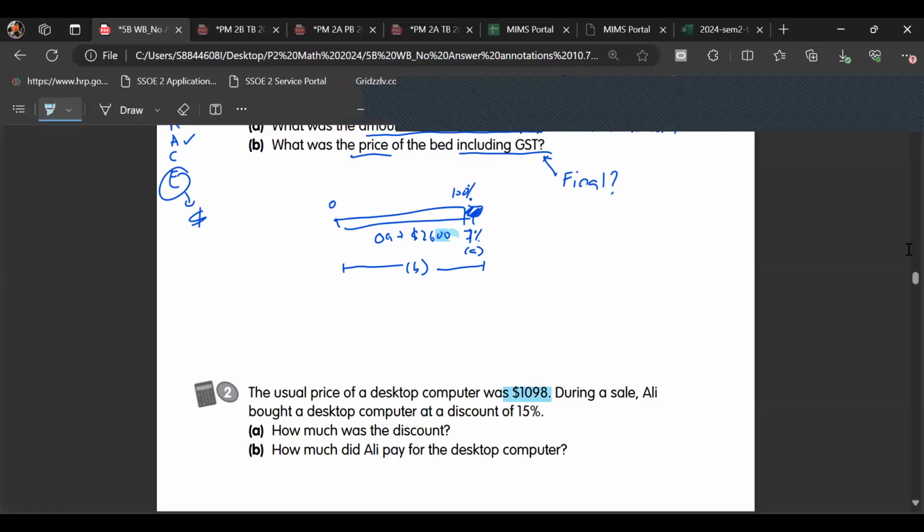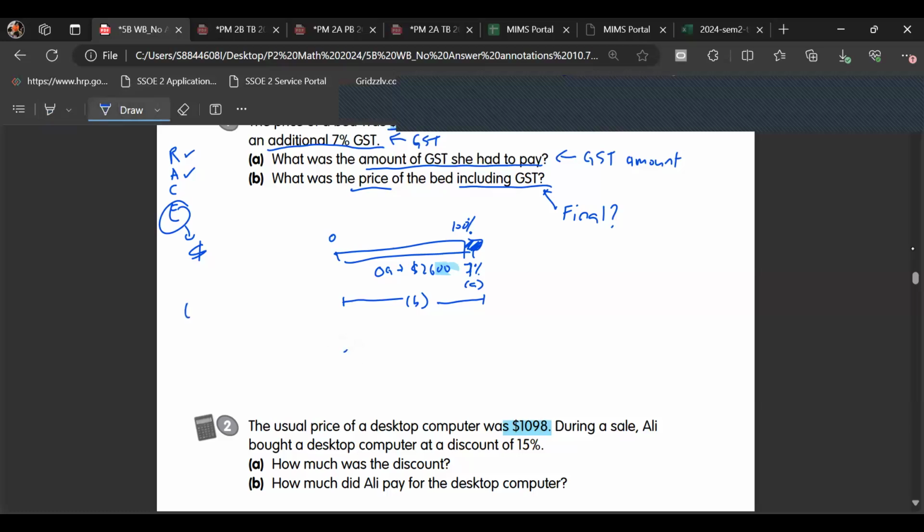1098. That is not a very easy, complete number. So I can do A on one side and B on the other side. Either method works fine, it is your choice. You can do 7% multiplied by 2,600. That is 7 out of 100 times 2,600. I can simplify, so cancel the zeros, so 26 and 7.